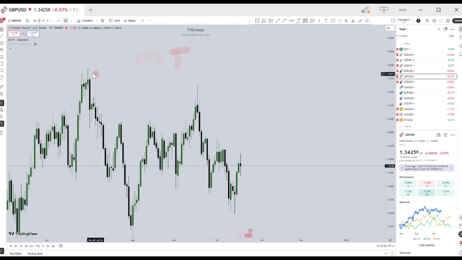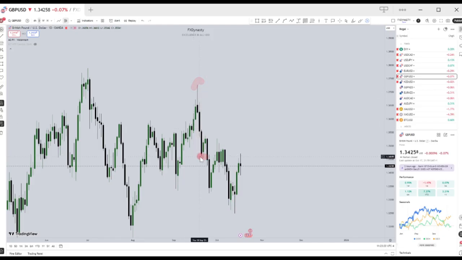So we did not take out this high because GBP was weak at that particular time, because I took a trade using this kind of argument. So when we dropped, we created a fair value gap, which is what?